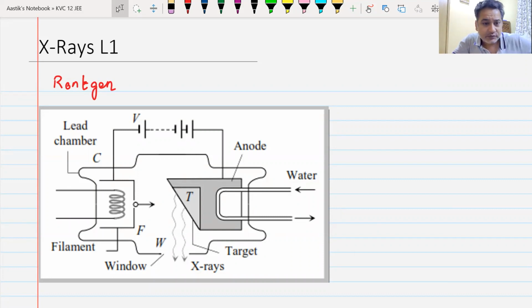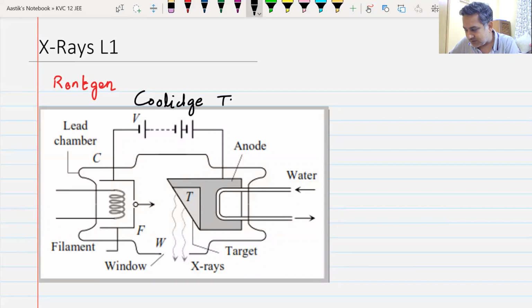This is the setup to study X-rays, and it is known as the Coolidge tube. Which tube? Coolidge tube, the setup to understand X-rays.